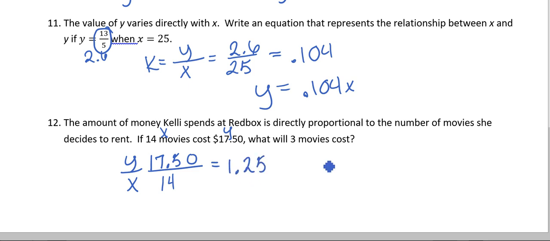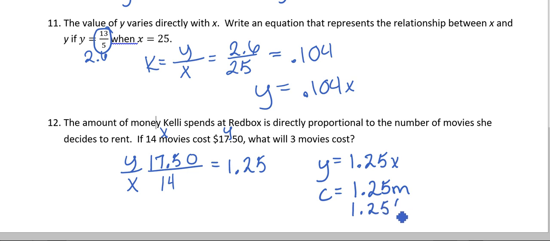So my equation is y equals $1.25x, or I could say my cost is $1.25 per movie. If it's 3 movies, I'll just plug it into my equation, $1.25 times 3, and that gives me $3.75.